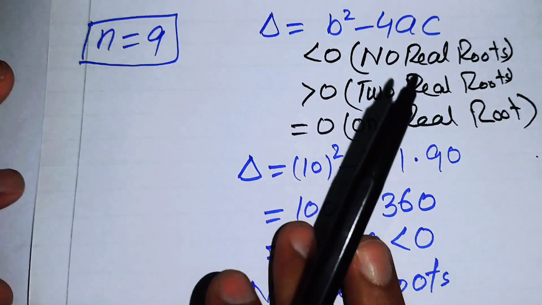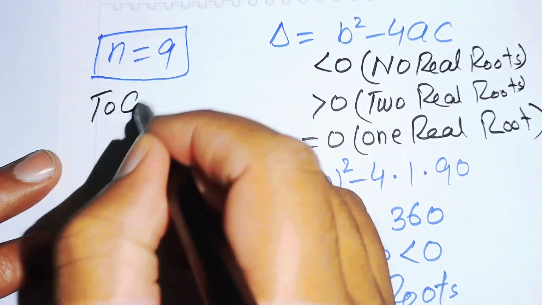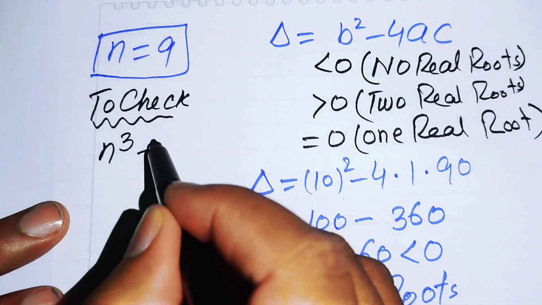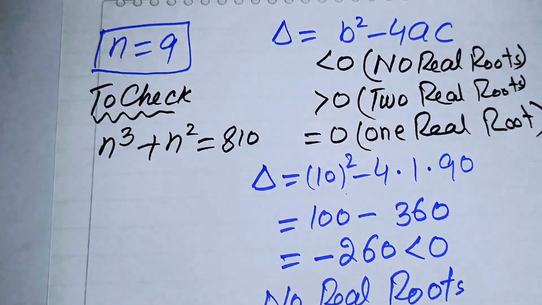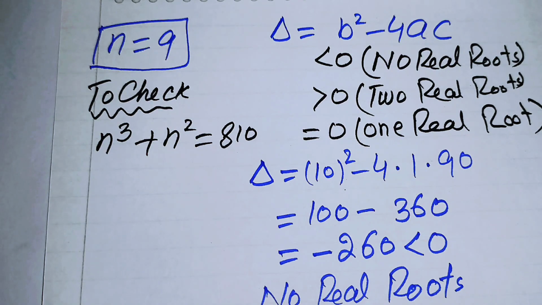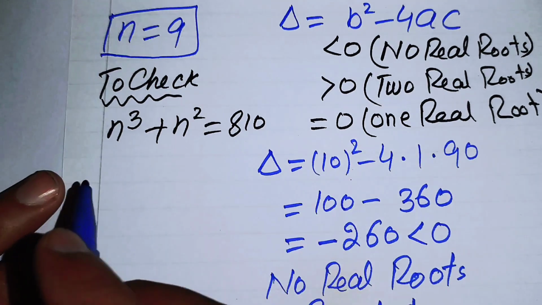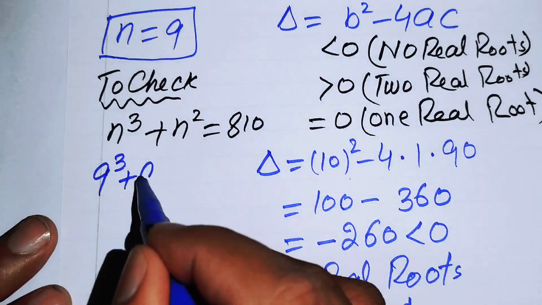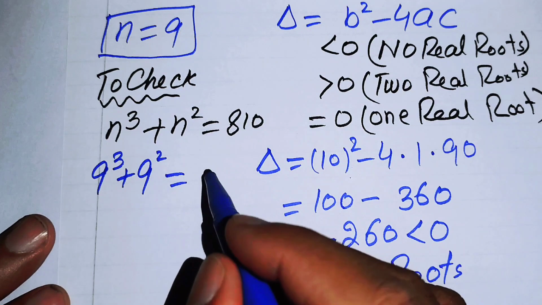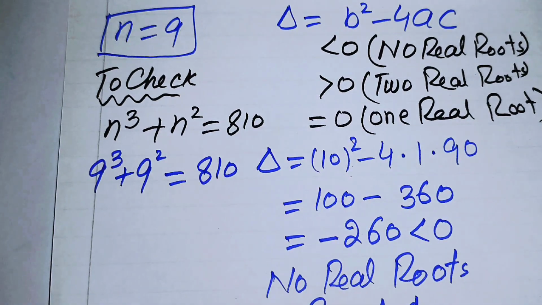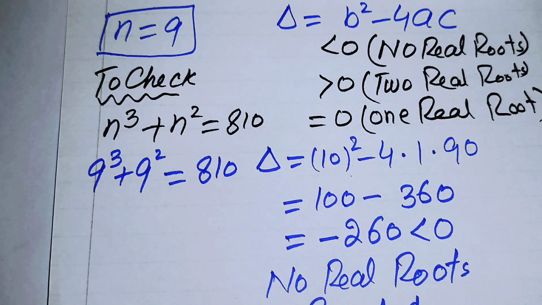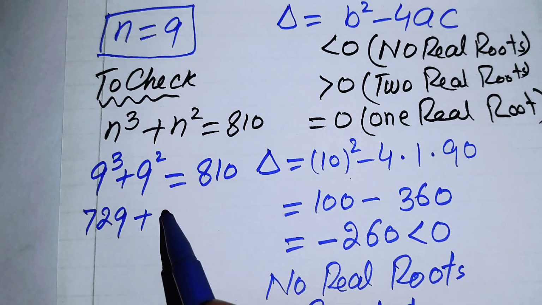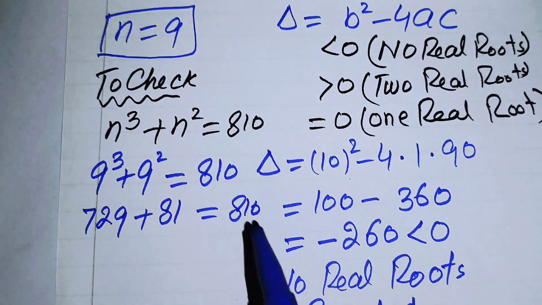Now, in order to check whether this solution satisfies the given equation or not, our given equation is n cubed plus n squared equals 810. We put the value of n in this equation, so you get 9 cubed plus 9 squared equals 810. Here 9 cubed is equal to 729, plus 9 squared, which is equal to 81, and the whole is equal to 810.